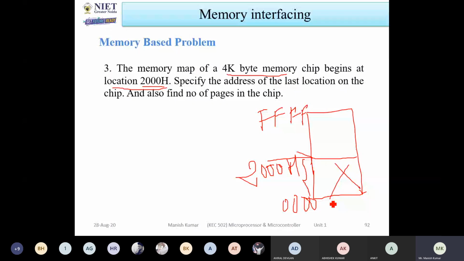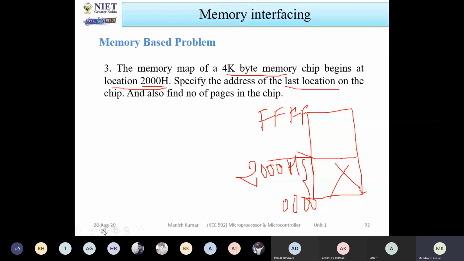So the question is asking to specify the address of the last location. So you have to find the last location. How can you find it? 200H plus FFF. The procedure is, first you have to find the number of address lines.